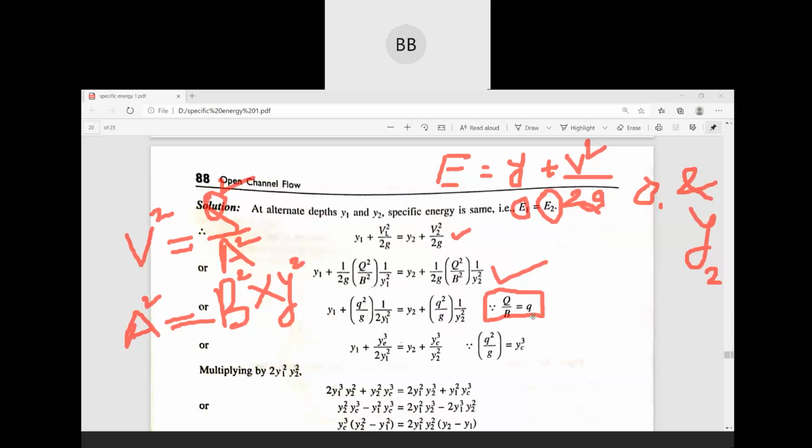Small q is nothing but discharge per unit width of the channel, so we separated q by b to get small q.